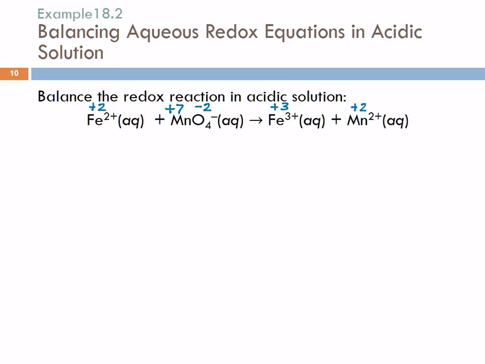Let's see. So we've got Fe2+. I'm going to leave the state symbols out for now. So we've got Fe2+ going to Fe3+, that's 1. And then I've got the permanganate going to manganese 2+ ion.